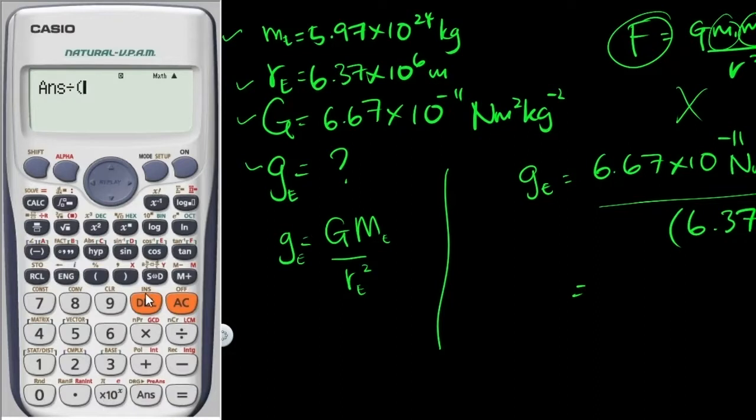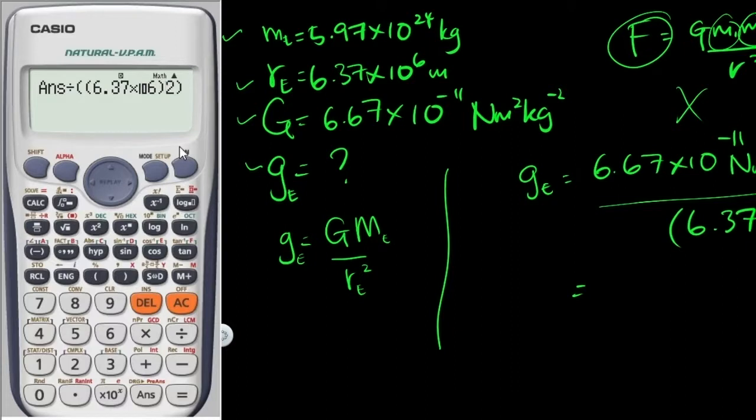Let's use a bracket there, 6.37 times 10 to the power of 6, close bracket, square. Okay, maybe I had made a few mistakes there.